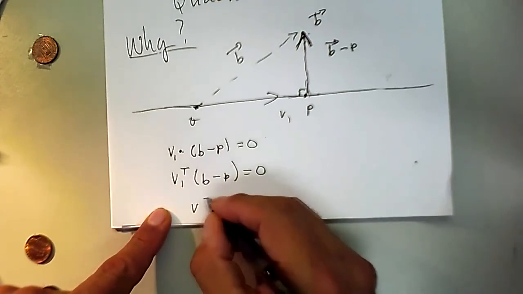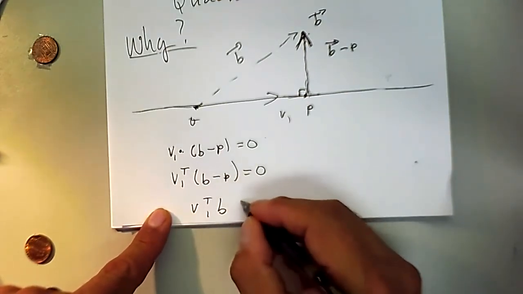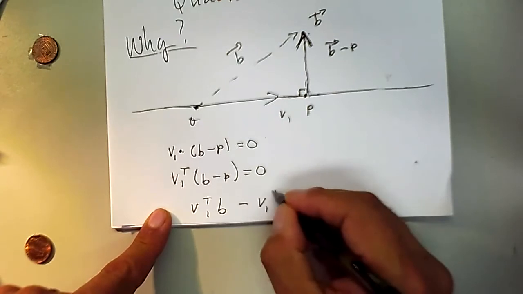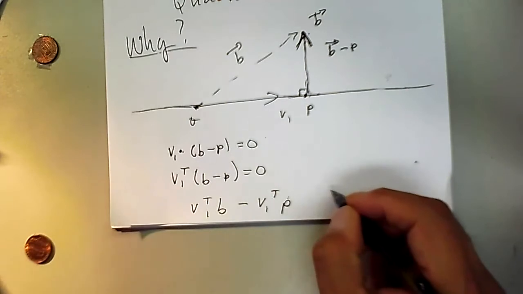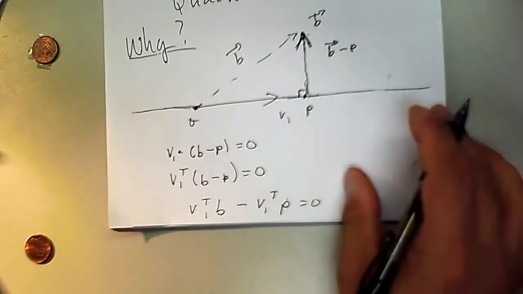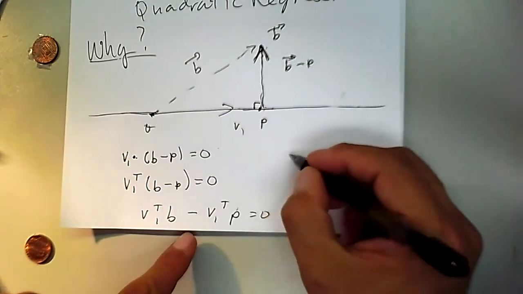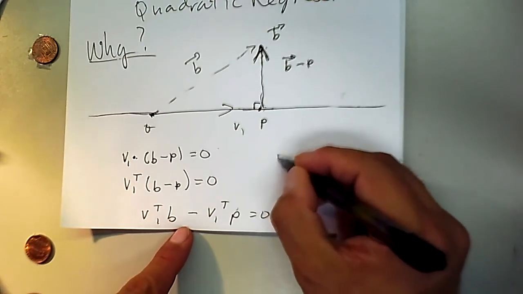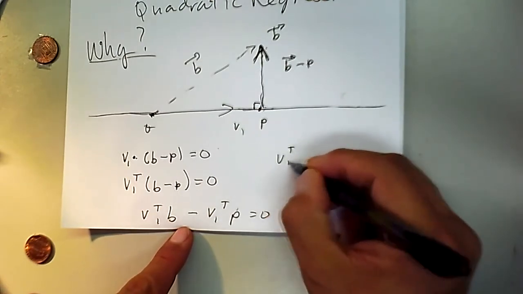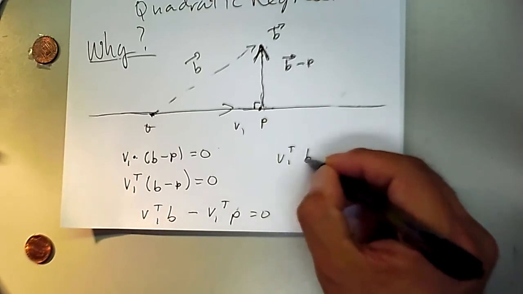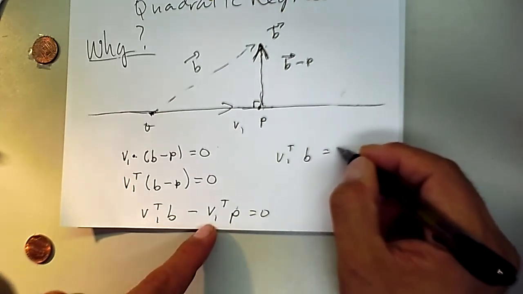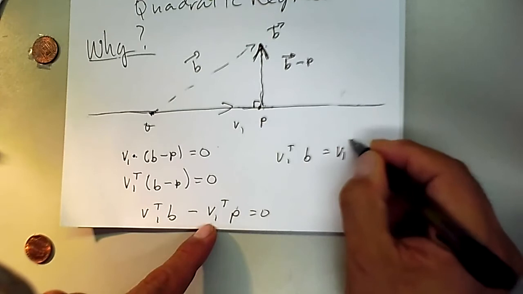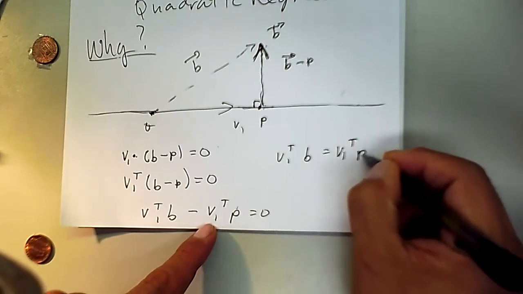The rest is almost like basic algebra. I'm just distributing P, equal to 0. So the transpose of V1 times B is equal to the transpose of V1 times little p.